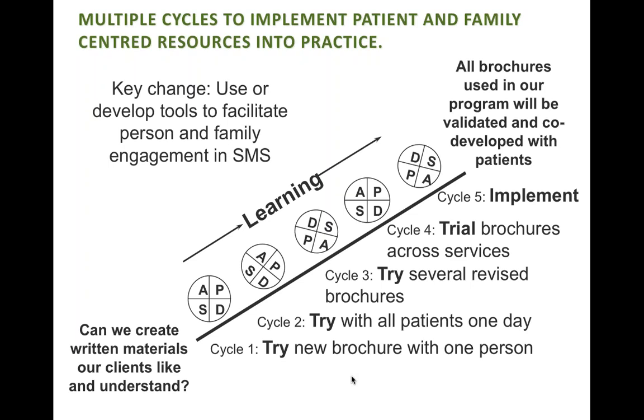Presumably, there's been an initial cycle of feedback where you understood that there were some problems with the first brochure, and so you're going to try out something new. That was the why are we doing this? How are we going to tackle it? And what are we going to produce? It's that why to the what that Simon Sinek describes.